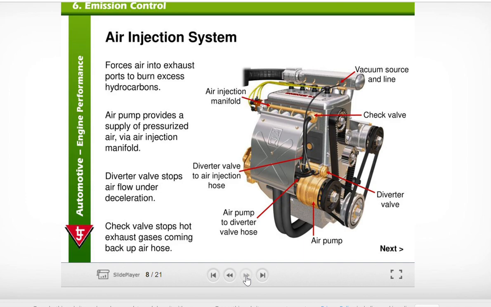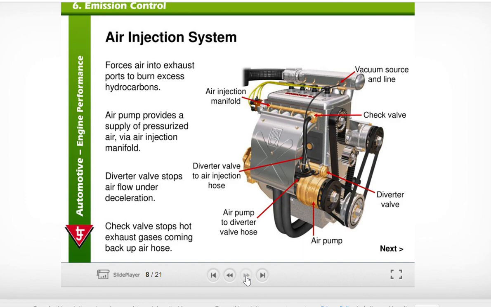Method number 2 is the air injection system. The air injection system aims at introducing fresh air into the exhaust stream, ideally to try and reduce the pollutants in the exhaust.